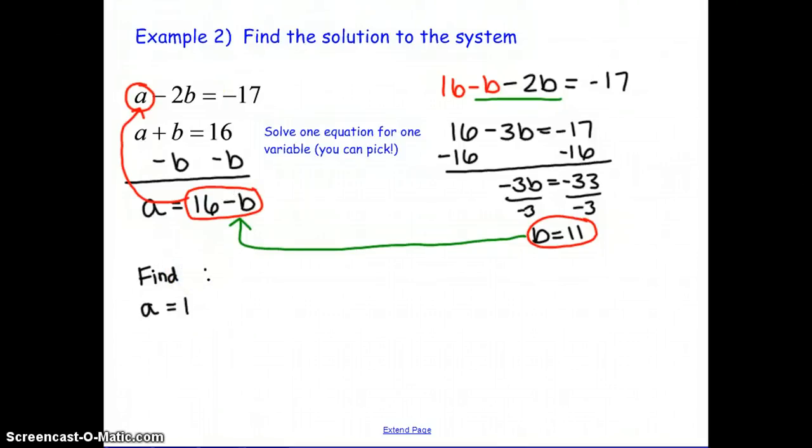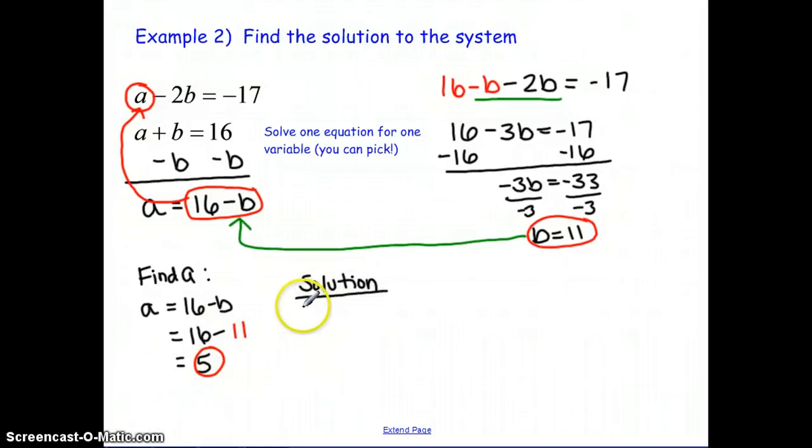We already have b. To find a, we know that a equals 16 minus b. So we can make this substitution: 16 minus our b value that we already know, so 16 minus 11. You can already see how to solve that. a is 16 minus 11, or 5. So now we also have the a value.